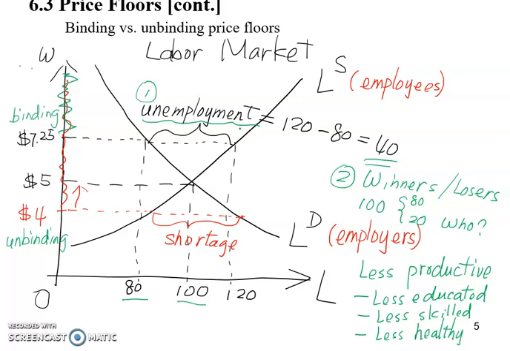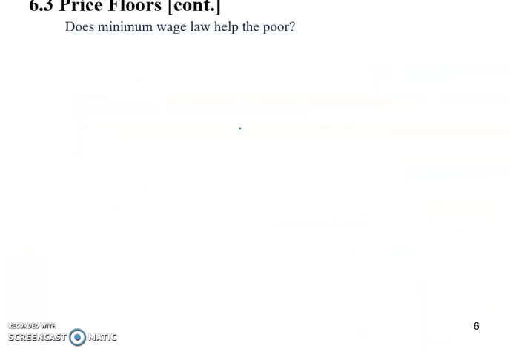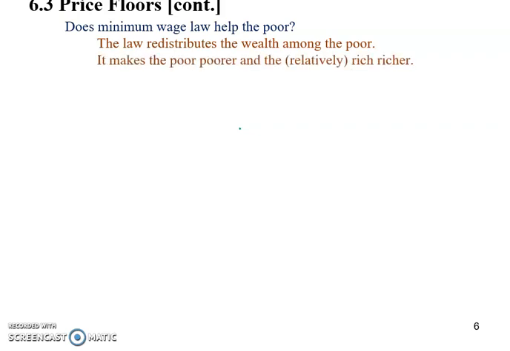That's why we would like to say that the minimum wage law redistributes the wealth among the poor. Actually, it makes the poor poorer and the relatively rich richer. Remember, the law does not create even one more job for our economy. The only thing it does is redistribute the wealth, and of course, it does not help the poor as the government promises.